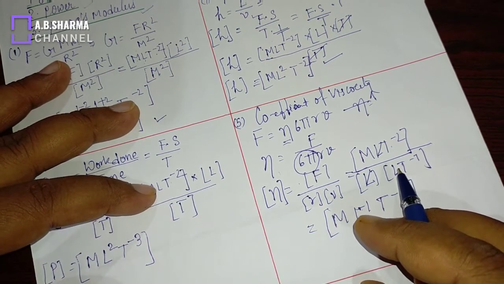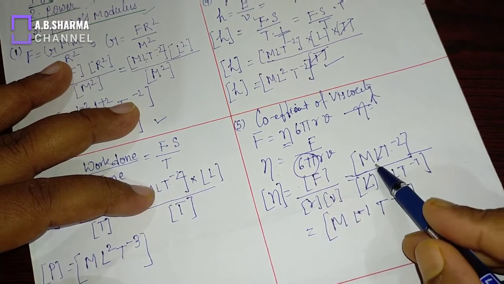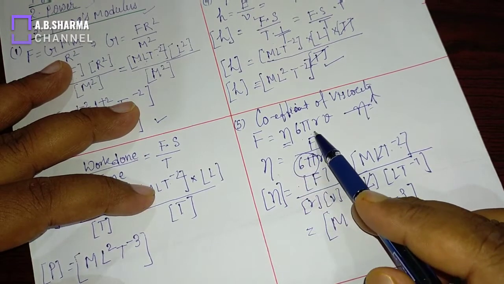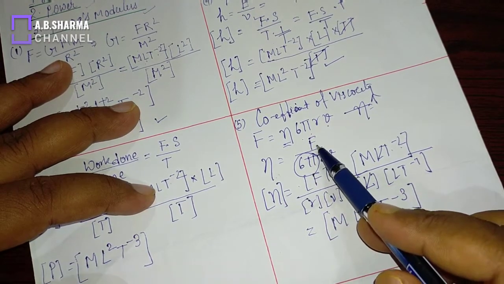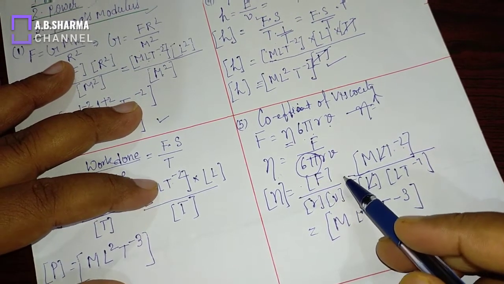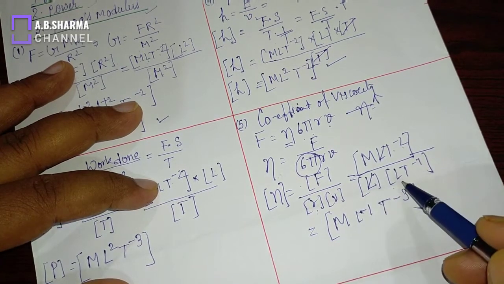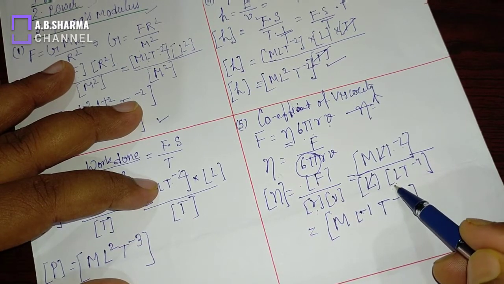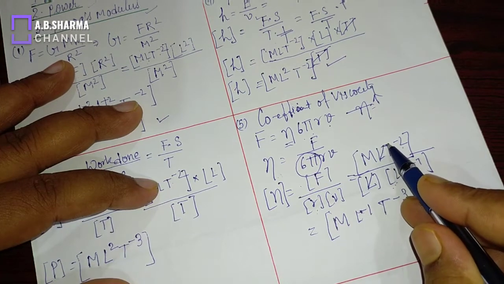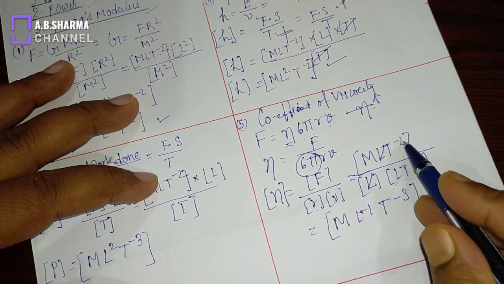I think I have made some mistakes. F is MLT^-2, F equals zeta 6 pi RV, and zeta equals F over 6 pi RV. So this is R, this is LT^-1, L and L cancel out, the power of L will be -1, and the power of T in the numerator is -2 and in the denominator it is plus 1.